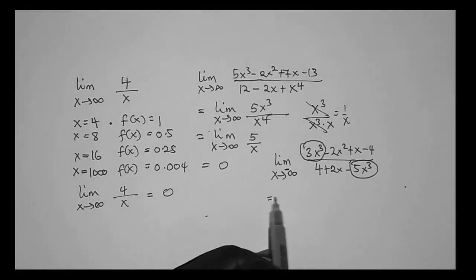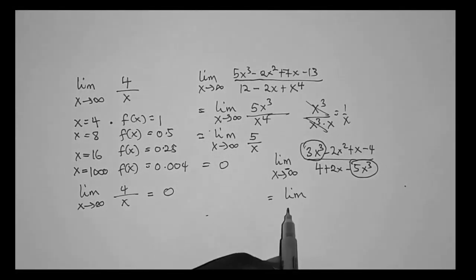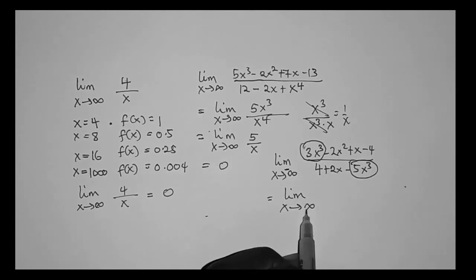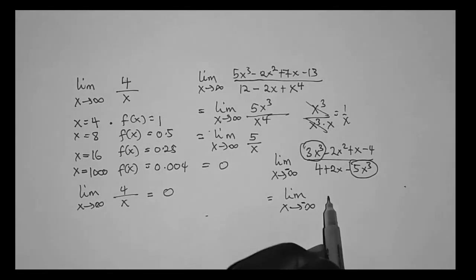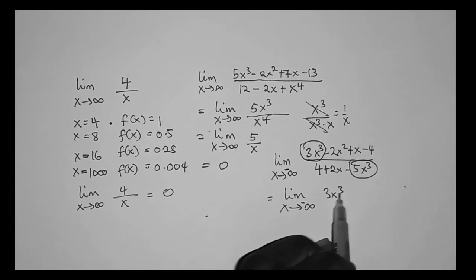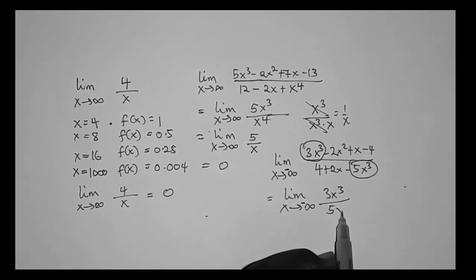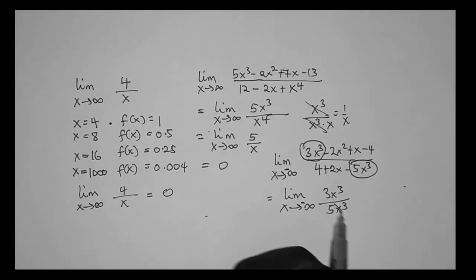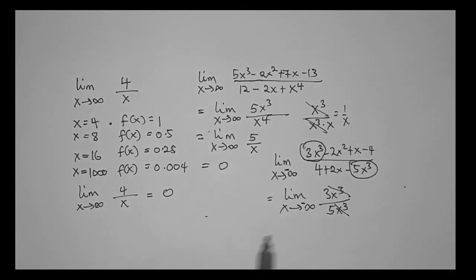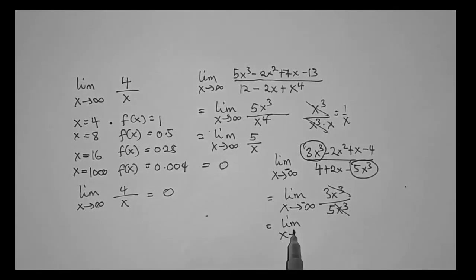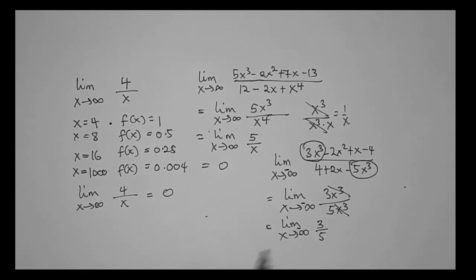And therefore, this is just equal to limit as x approaches infinity from the right hand side of 3x cubed divided by 5x cubed. So x cubed and x cubed will cancel out. So this is equal to limit as x approaches infinity from the right hand side of 3 over 5.